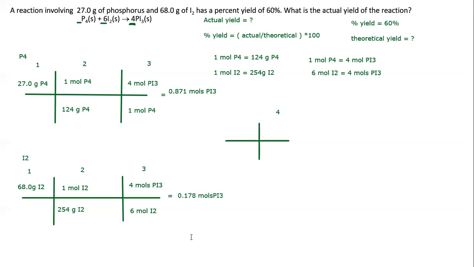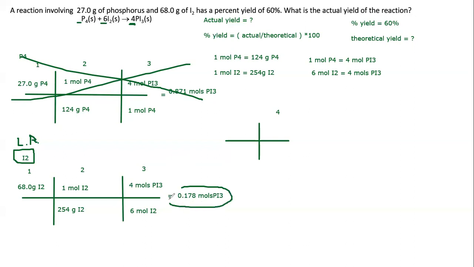So here we notice that I2 is the limiting reactant. And so we can disregard everything about phosphorus. Now we're going to take the moles of product produced by the limiting reactant and convert it to grams. So again, here goes the moles.